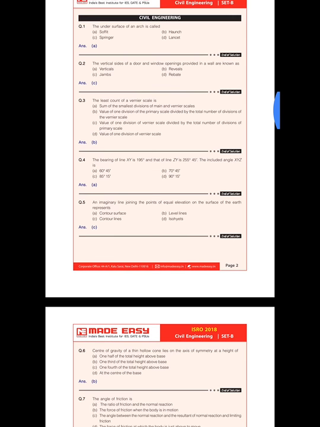Okay, an imaginary line joining the points of equal elevation on the surface of the earth is called contour lines.